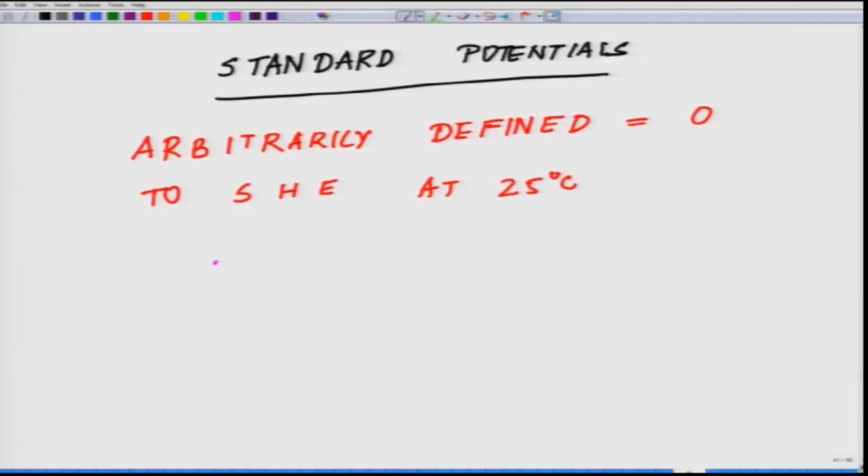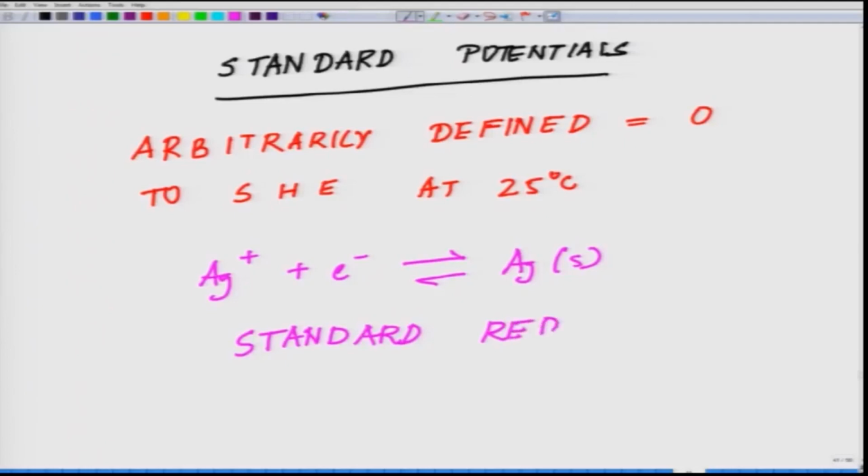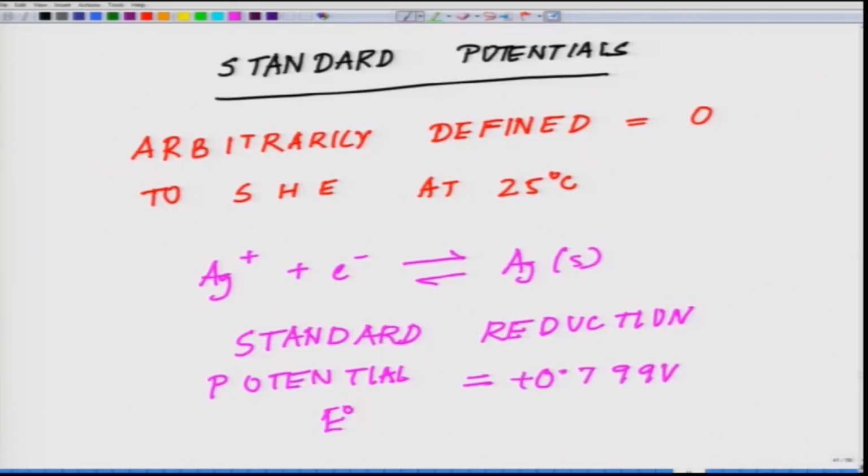Okay, so for the reaction Ag plus plus electron making Ag solid, the standard reduction potential is positive 0.799 volt.